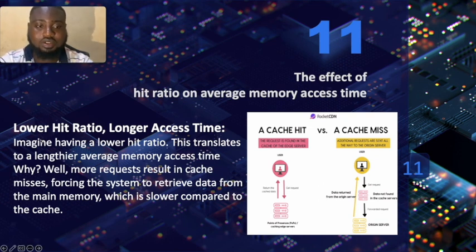Now, on explaining what lower hit ratio is, imagine you have a lower hit ratio. It translates to a lengthier average memory access time. Why? Well, more requests result in cache misses, forcing the system to retrieve data from the main memory, which is slower compared to the cache.